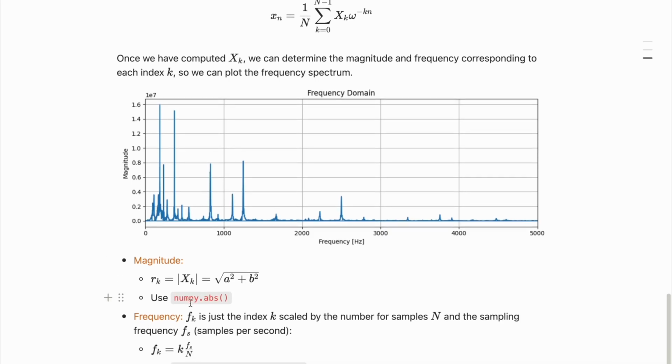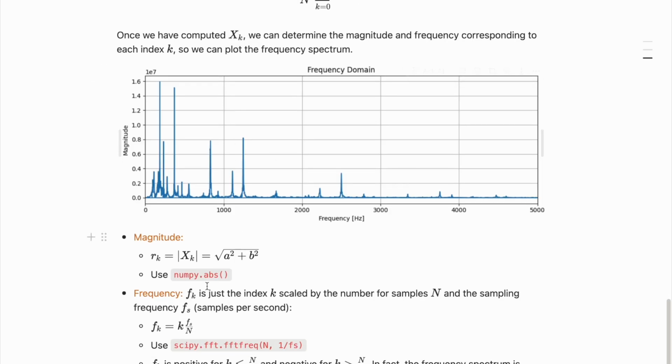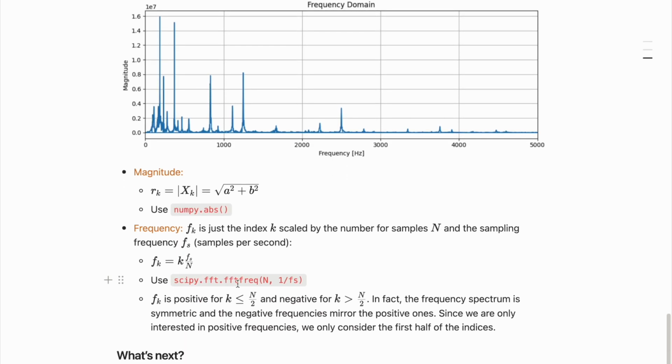And for that, we can simply use NumPy's absolute value function. And to extract the frequency at each of these indices is just the index k of X sub k. It's just that we need to normalize that index by multiplying it by the sampling frequency and dividing it by the number of samples to end up with the frequency at index k. And the SciPy function that we have talked about in the previous lesson is a very simple function that achieves exactly that.